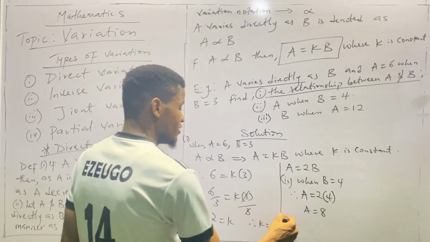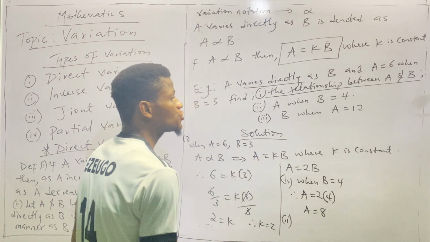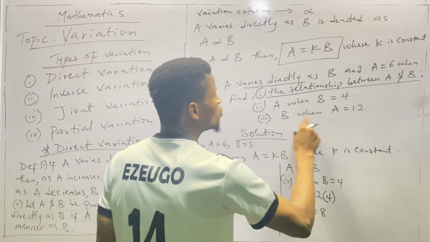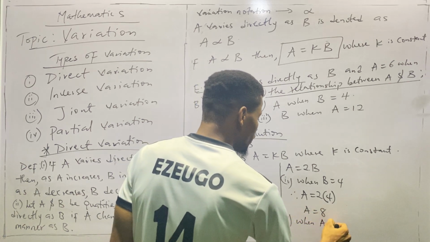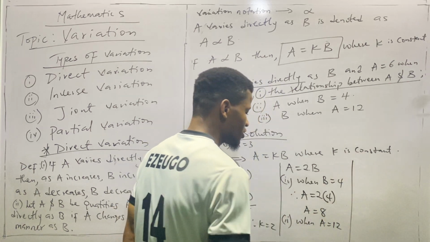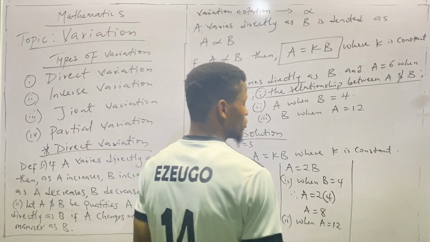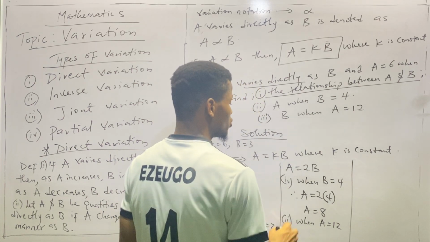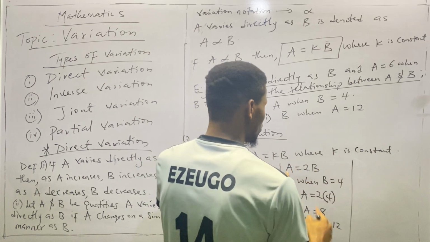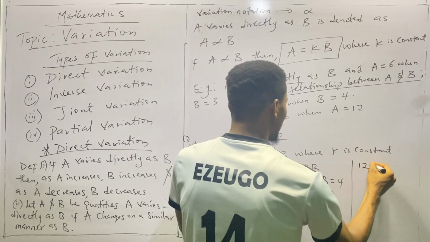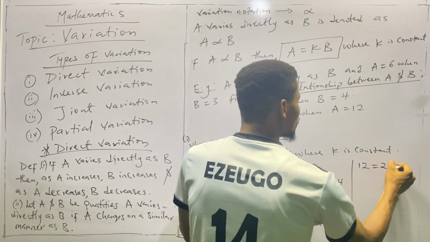Now, I, we should find B when A is 12. So when A equals 12, let's go here and complete it. In our formula, we have that A is equals to 2B. So we'll put 12 here to have that 12 will be equals to 2B.